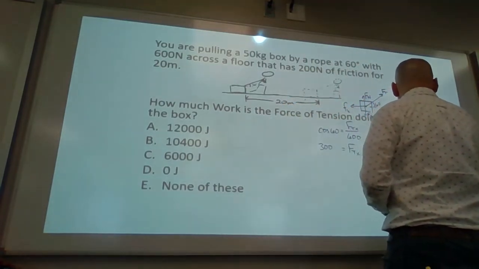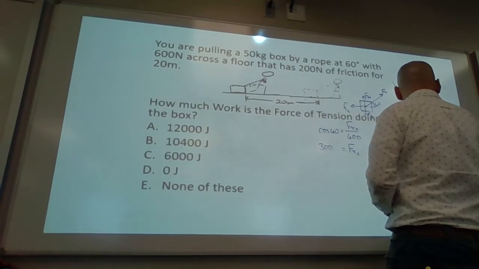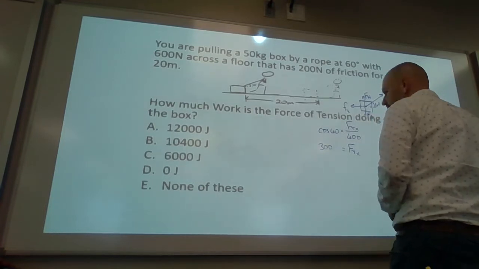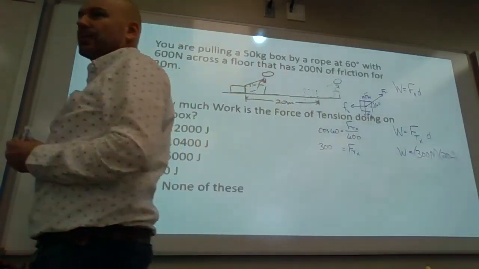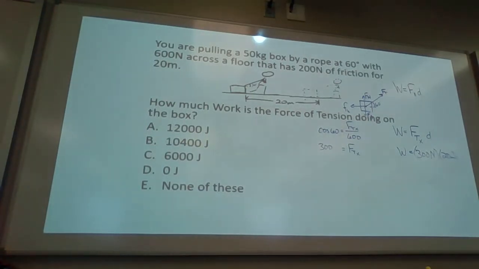So I have 300 newtons times 20 meters gives me 6,000 joules. Good. We'll come back to this scenario in about 10 minutes or so.